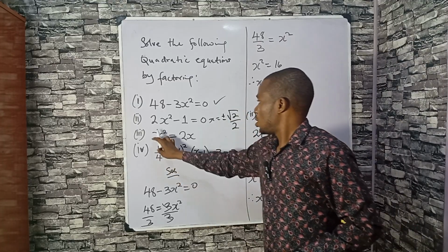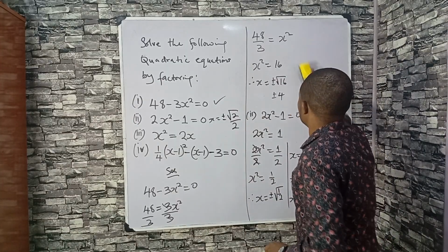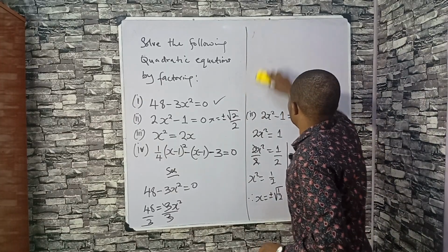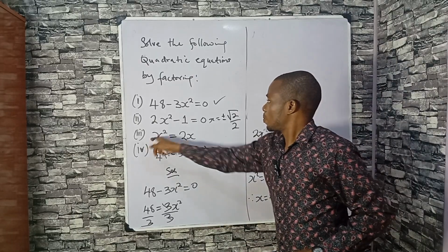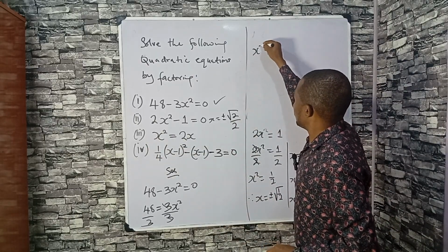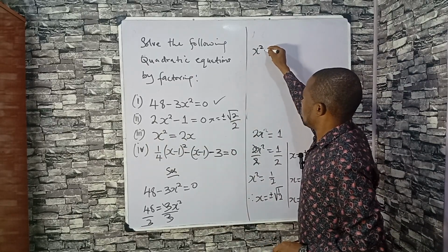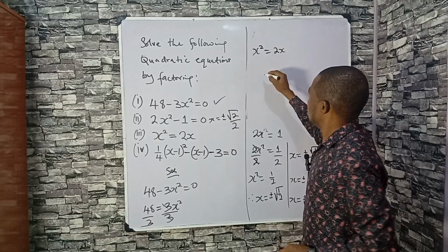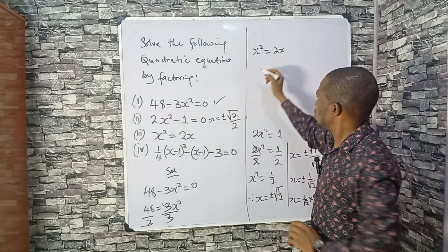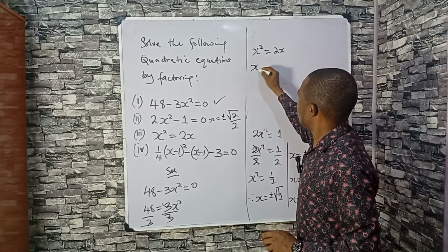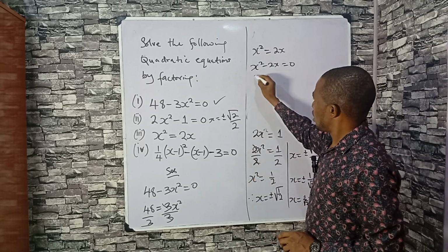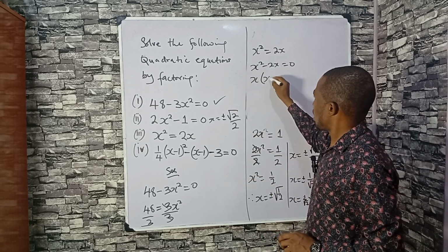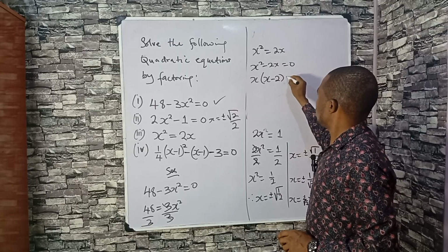How about the third one? x squared equals 2x. So you bring 2x to the left hand side, so we have x squared minus 2x equals 0. x is common here, so we factor: x times (x minus 2) equal to 0.